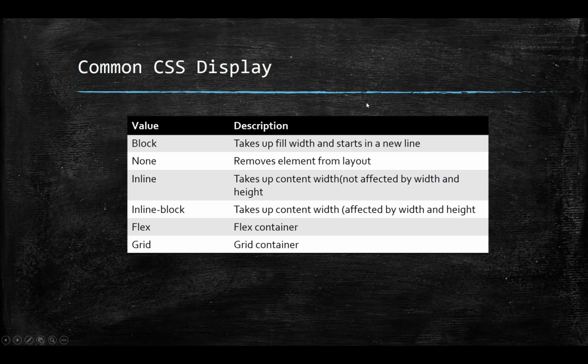So practically it's gone; with display none, nothing is displayed. If you say inline, it takes up only its content width and is not affected by width and height. With inline block, the width and height are affected. With inline they are not. Okay. Here's the flex container.